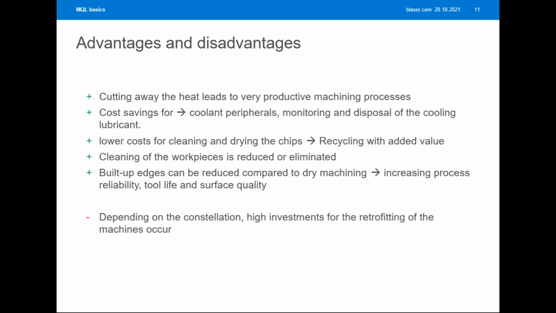The disadvantages of the MQL, one of them is depending on the constellation with the customer. There are very high investments needed for retrofitting the machine or needing a new machine for being able to work with MQL. Tool costs can be higher because of the construction of the tools.